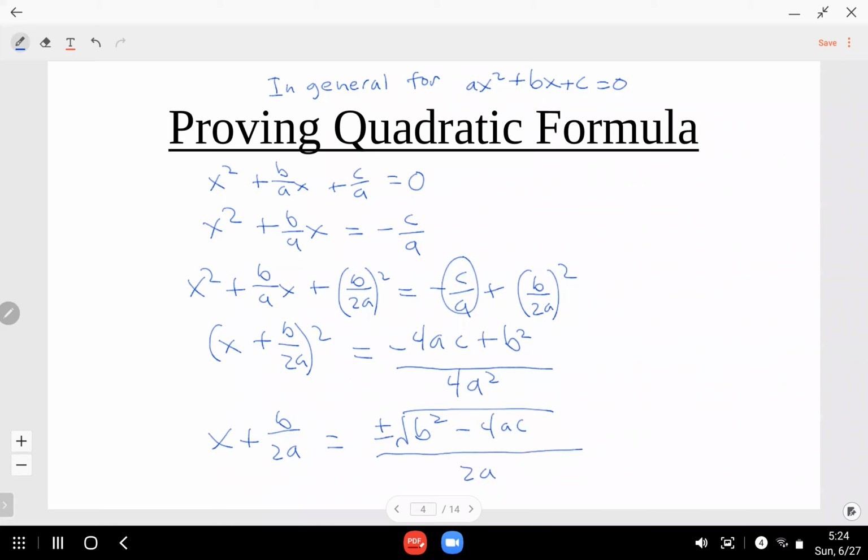Okay, and now it's looking like the quadratic formula. And then you can just combine these two, subtract that from both sides, and you would get the quadratic formula. So basically you derive the quadratic formula from the general way you do completing the square.